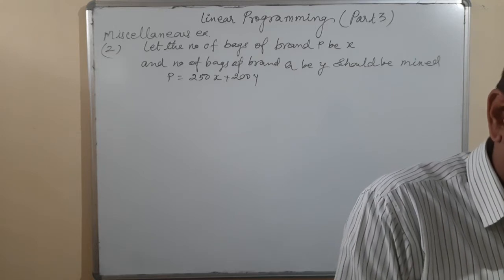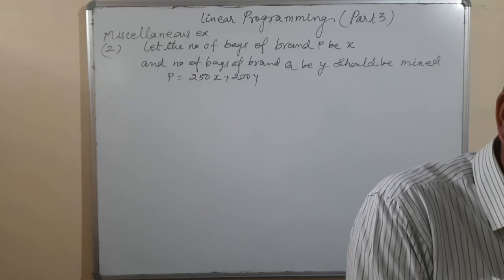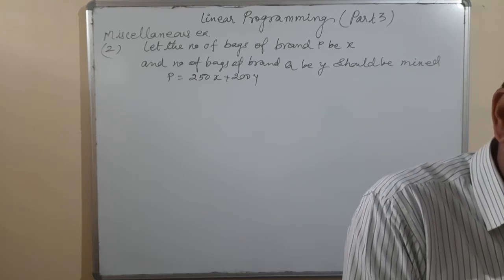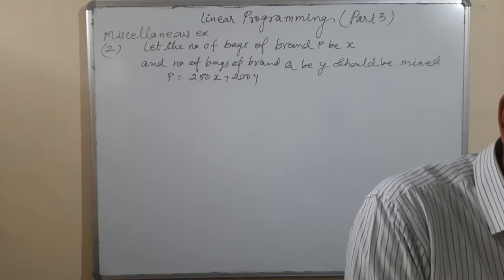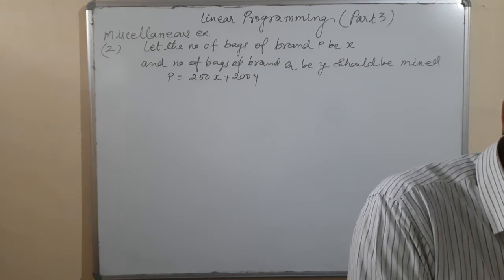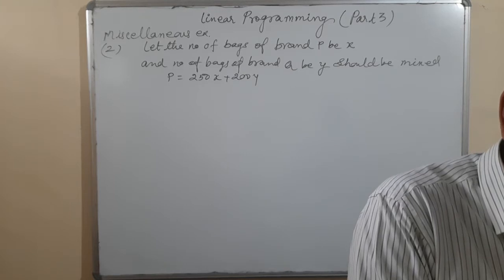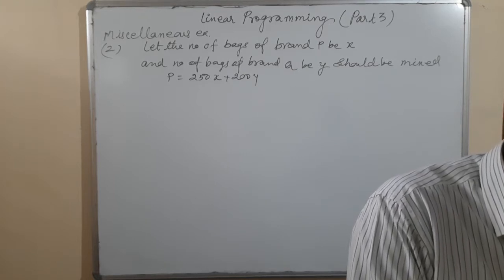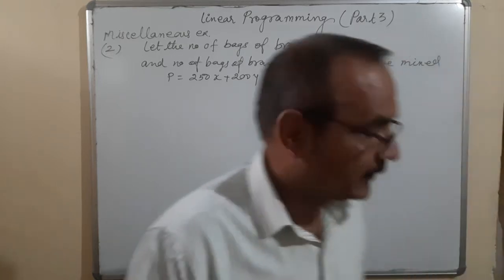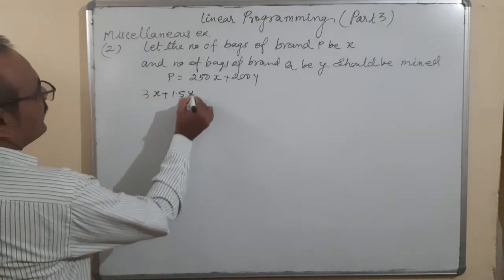First let us see A. It is given that P contains 3 units of element A, whereas Q contains 1.5 units of nutrient element A. So I am writing 3x plus 1.5y.